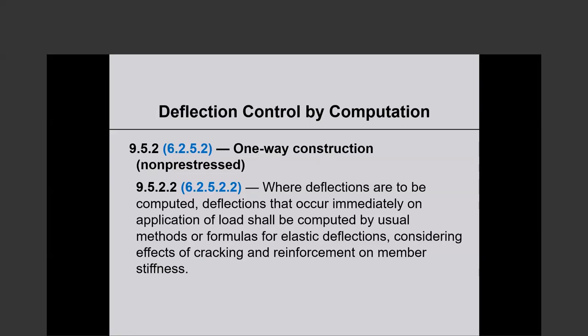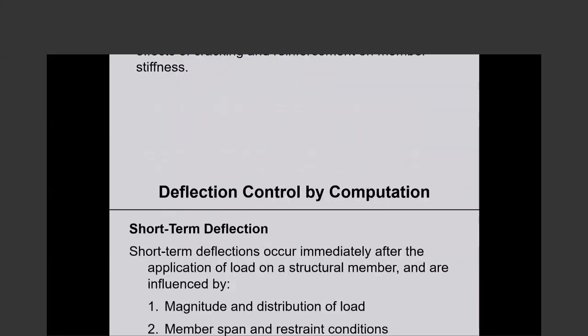Remember from yesterday's discussion, there is immediate deflection and then there is long-term deflection due to creep, shrinkage and so forth. So we have to calculate both parts. Immediate deflection will be calculated by elastic analysis, and that involves stiffness assumptions. And we are being told that you shall consider cracking and reinforcement.